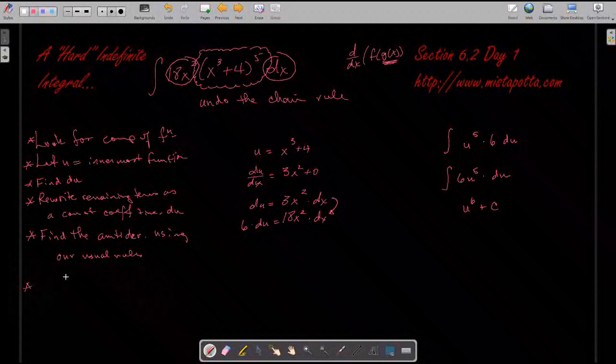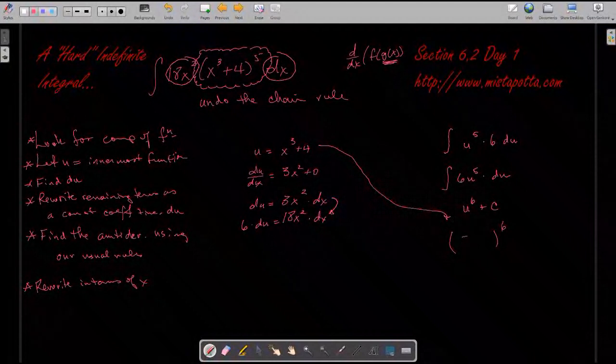So my last step here is to rewrite in terms of x. So I need to rewrite this as not u to the 6th, but what u is equal to. u is equal to x cubed plus 4.